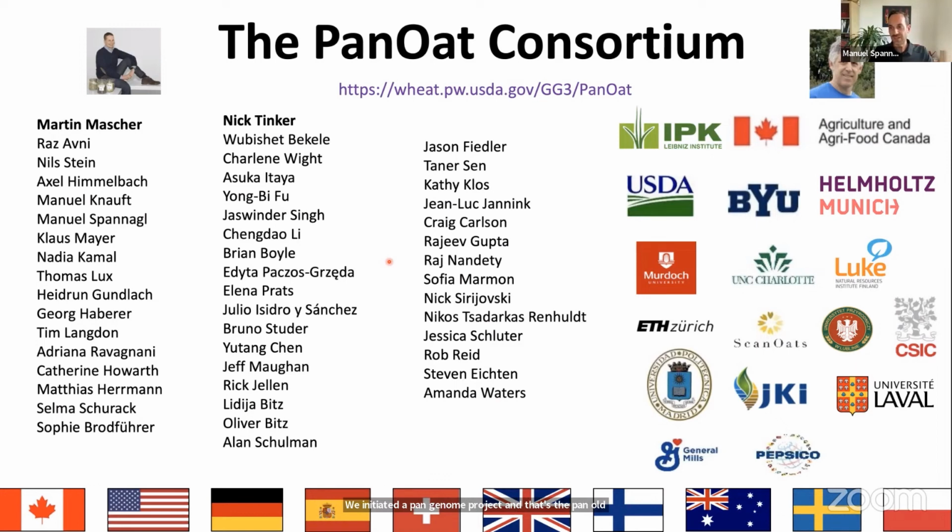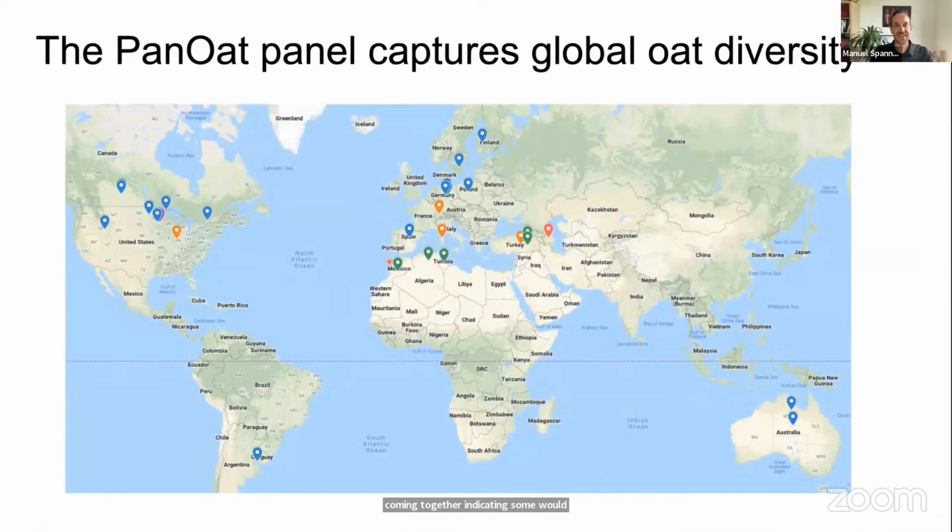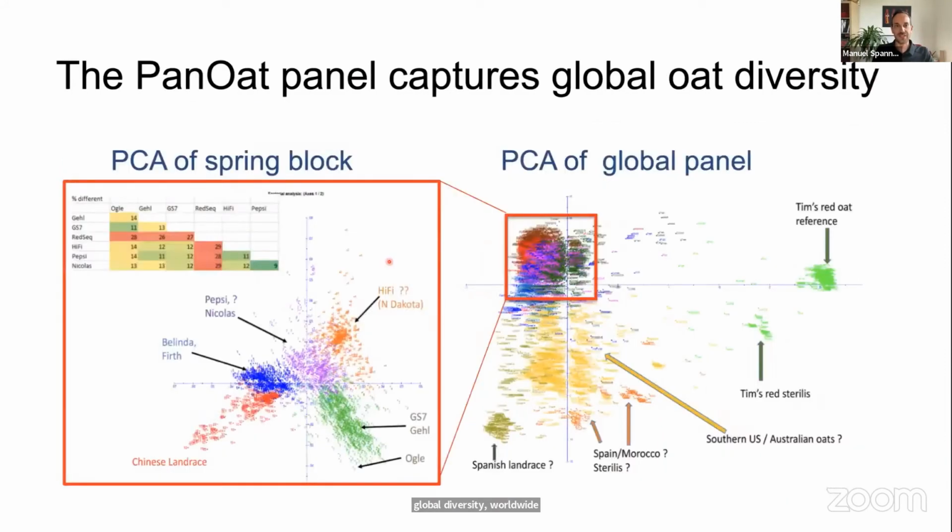And you can see that there's quite a number of people coming together, indicating some good interest in oats, which is very nice. And the PanOat panel is set up to capture most of the global oat diversity worldwide. That's one of the main objectives that we have here. And the other objective is that we also want, of course, to capture genetic diversity.